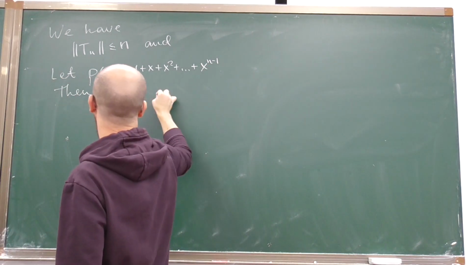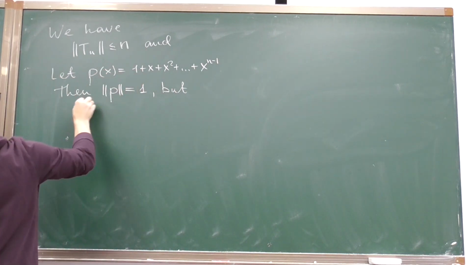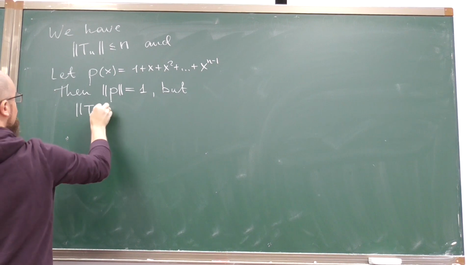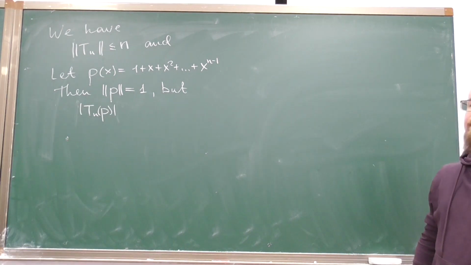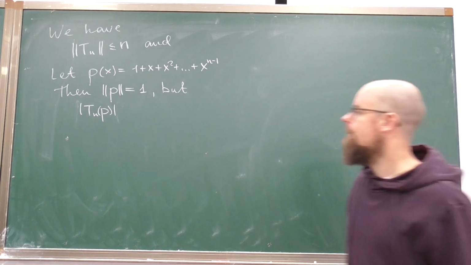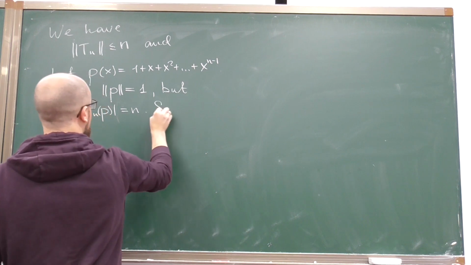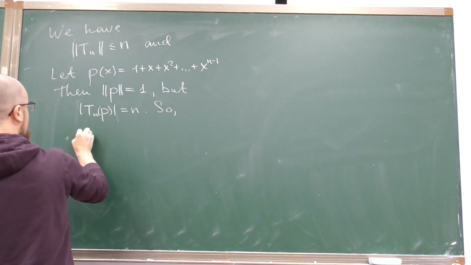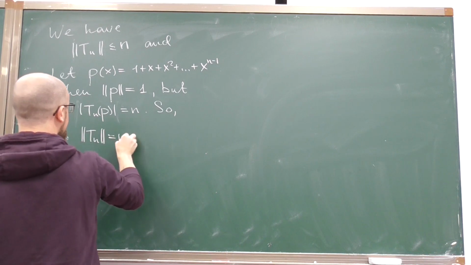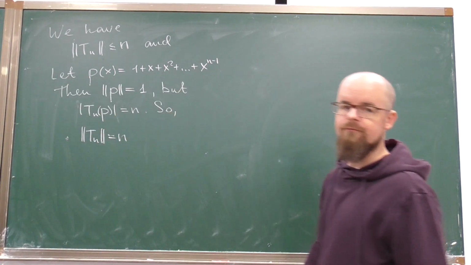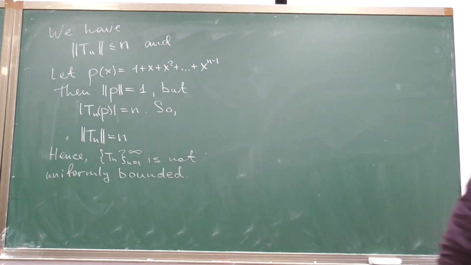It is 1, but the absolute value of Tn of p is n. So the norm of Tn is n, and so the sequence of these functionals Tn is not uniformly bounded.